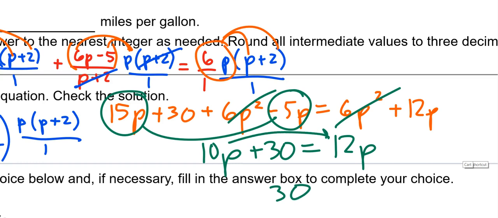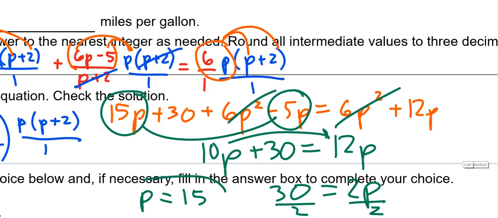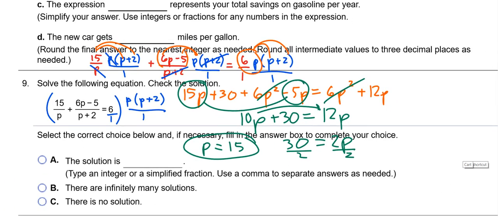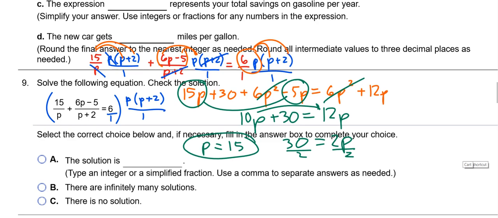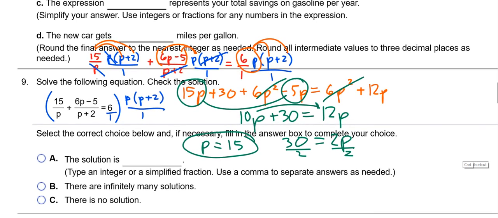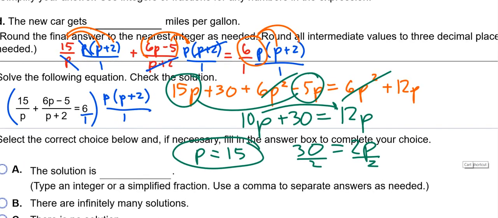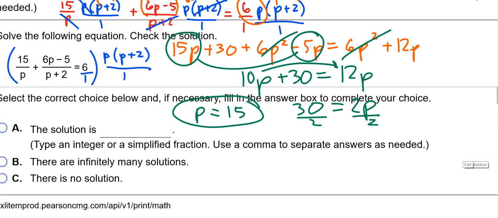So P equals 15. P is 15. I used the different colors so you knew what I was distributing to all of them.